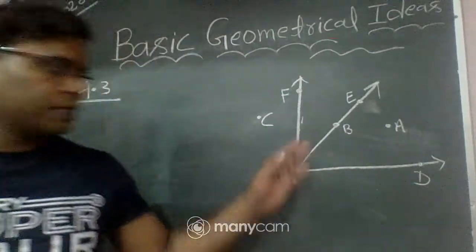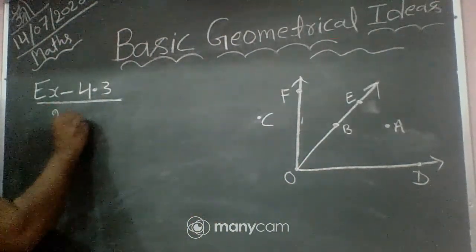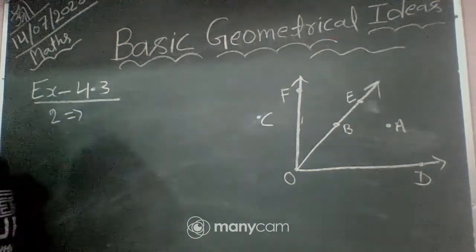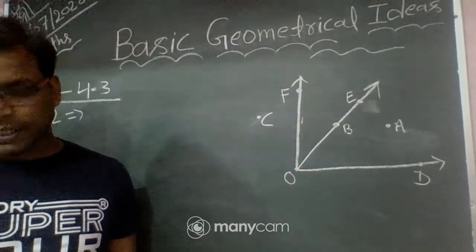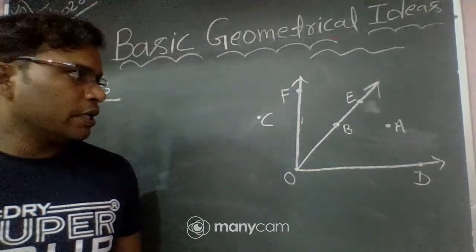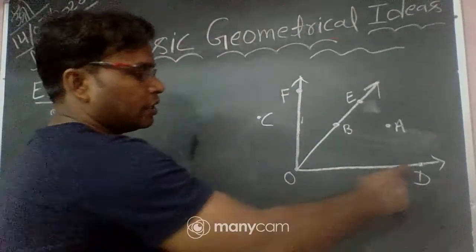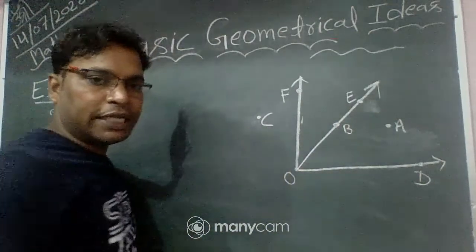This is the given figure in question number 2 of this exercise 4.3. Name the points. Point A is in the interior of angle DOE. What are the interior points?